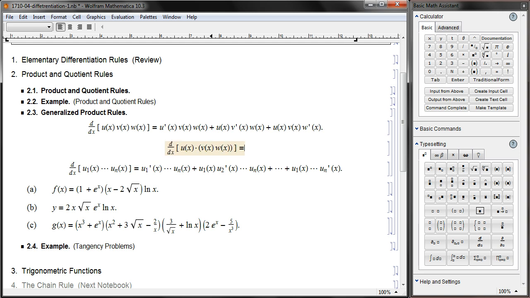So if I apply the product rule, you get u prime of x times v of x times w of x plus u of x, and then you have to take the derivative of the next one.